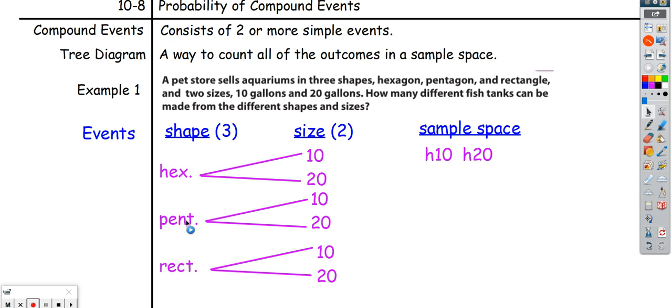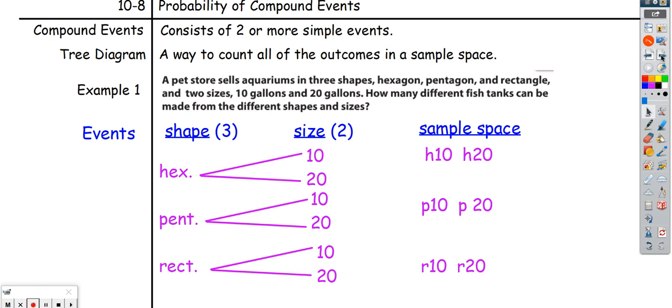If I go down here, pentagon and 10, pentagon and 20 are another 2 options for me. And last, if I bought a rectangular shape, I could buy it in a 20 gallon size or a 10 gallon size. And there is my sample space. My sample space just contains all of the combinations that are available to me.